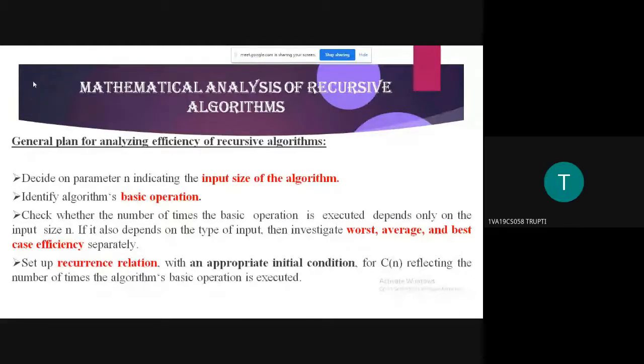Solving the recurrence relation using the backward substitution method. Yes.